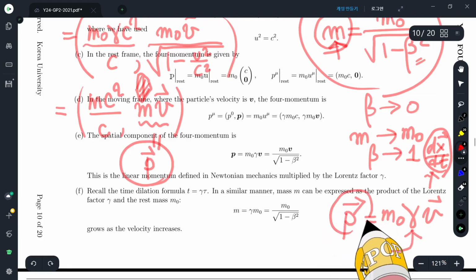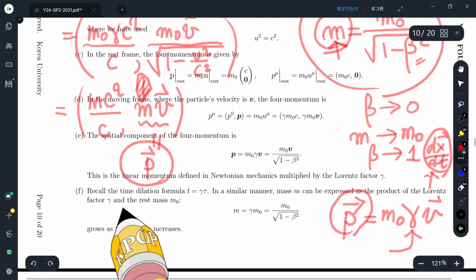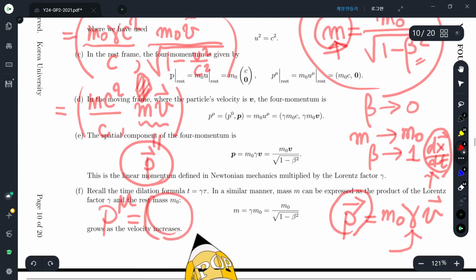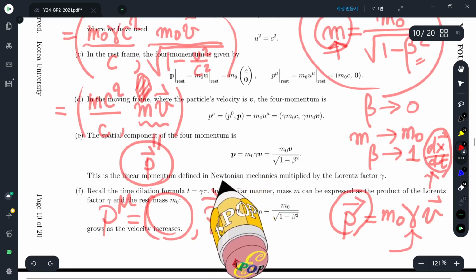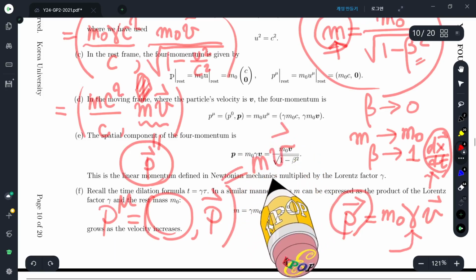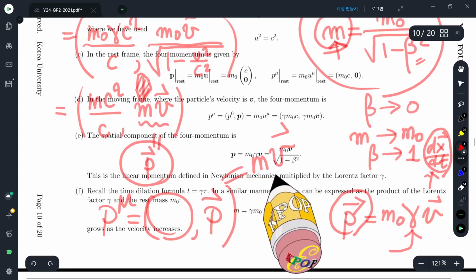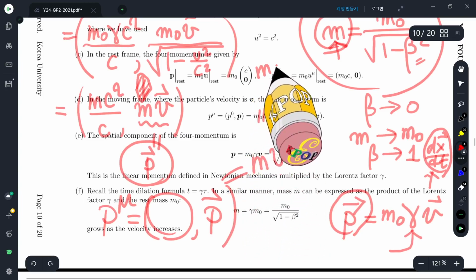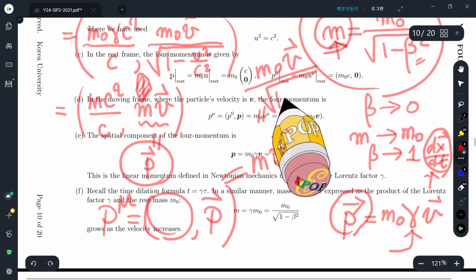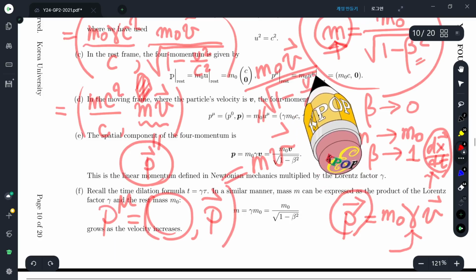This three momentum p becomes the spatial component of a four momentum p mu, something that we still don't know, but this is a linear momentum, and linear momentum is a mass times velocity. However, this mass is not the rest mass that we used to know, but is the rest mass multiplied by the velocity divided by a number.